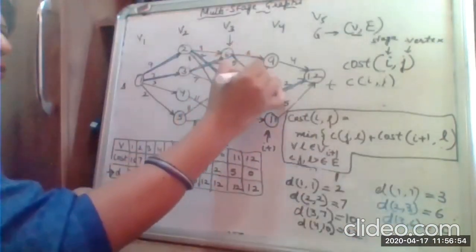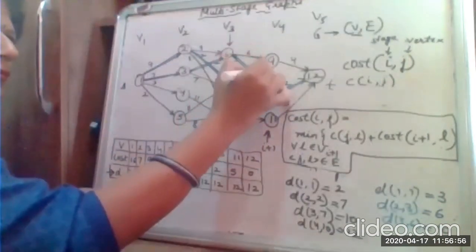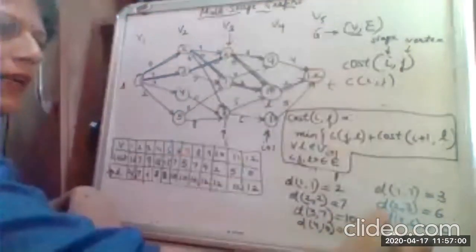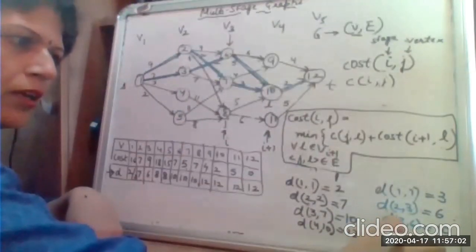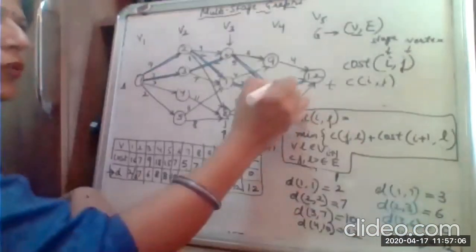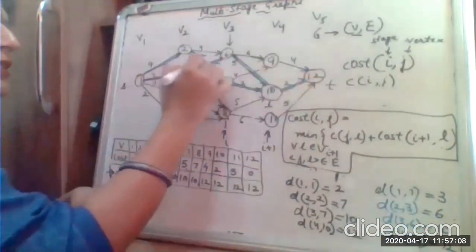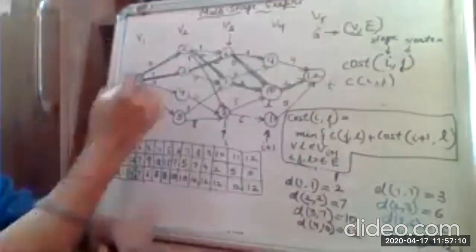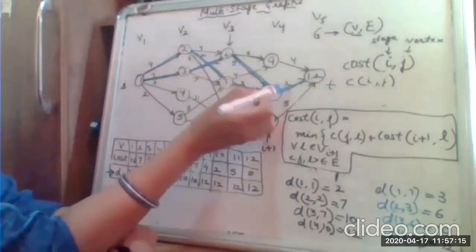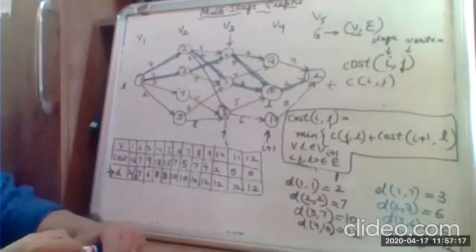That is, we are going to choose this way. So from here, here, here. And at the fourth stage, at the 10th vertex, it will directly move to the sink. So this is the path that will be taken. And in this case, this is 7 plus 2 plus 5 plus 2. So that is equal to 16.